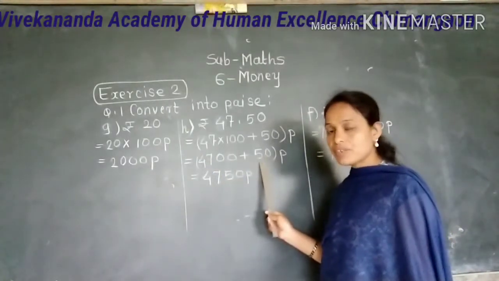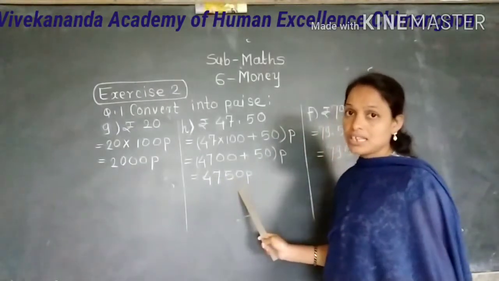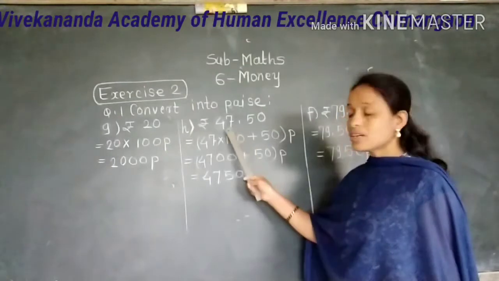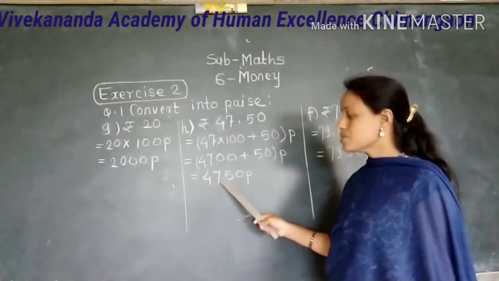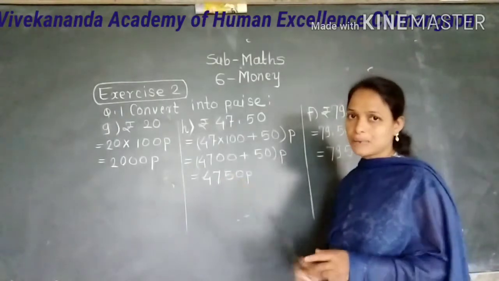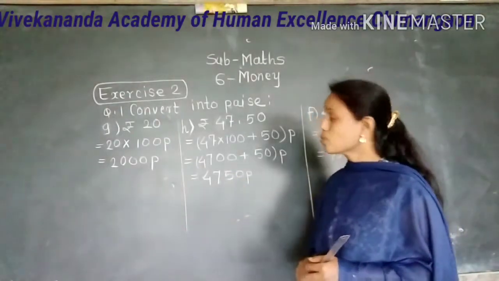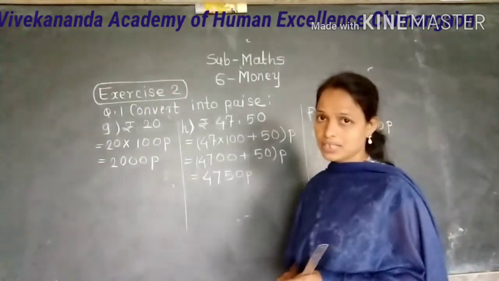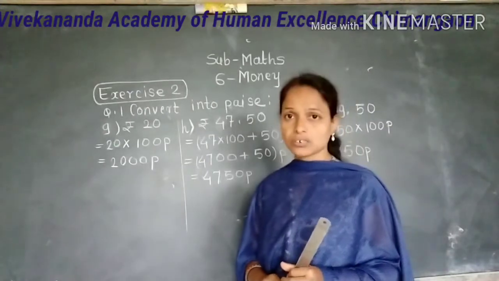So by adding 50, we get the sum 4750 paise. In this way, here we convert 47 rupees 50 paise into 4750 paise. So understood? We learned how to convert rupees into paise by multiplying by 100 and by removing the dot.